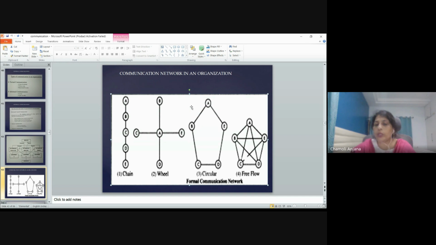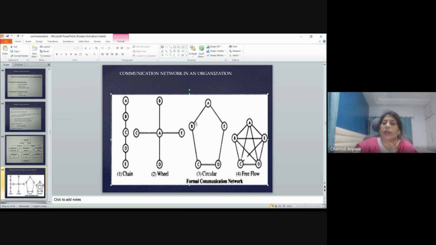But you cannot speak to the person who is sitting beyond that. So A can speak to B, A can speak to E, but cannot communicate with C and D. A cannot exchange messages with C and D. A can exchange messages with only B and E. Similarly, B can exchange messages with A and C.